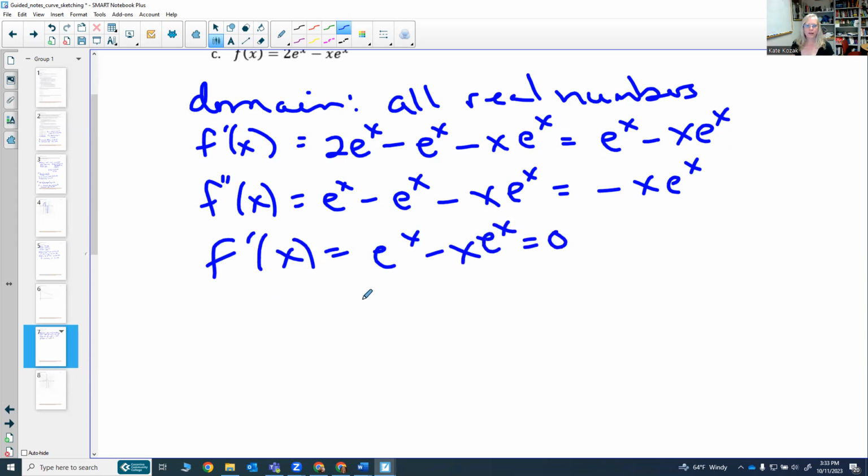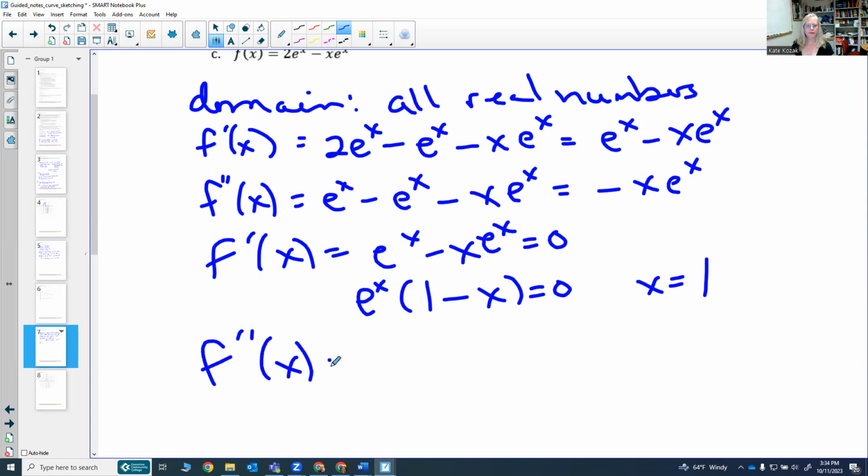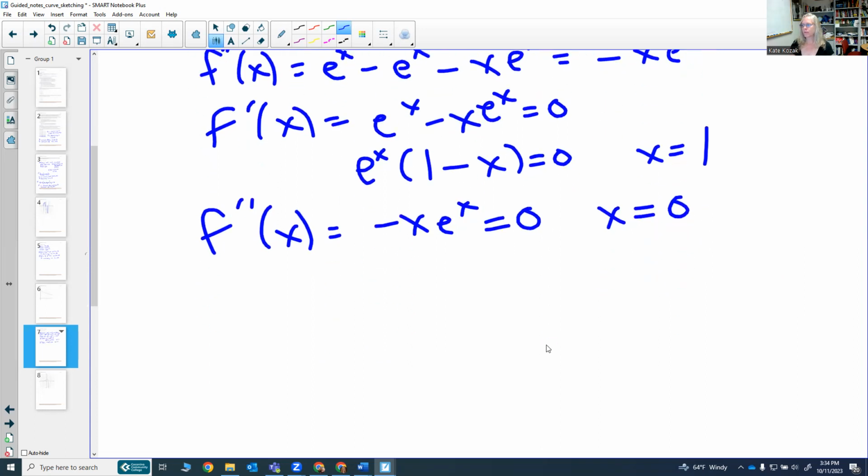You want to factor that, pull out an e to the x, and you get 1 minus x equals 0, and x is equal to 1. f double prime of x is equal to minus x e to the x equal to 0, and that will be when x equals 0. Now look at the signs of both derivatives in the different intervals.